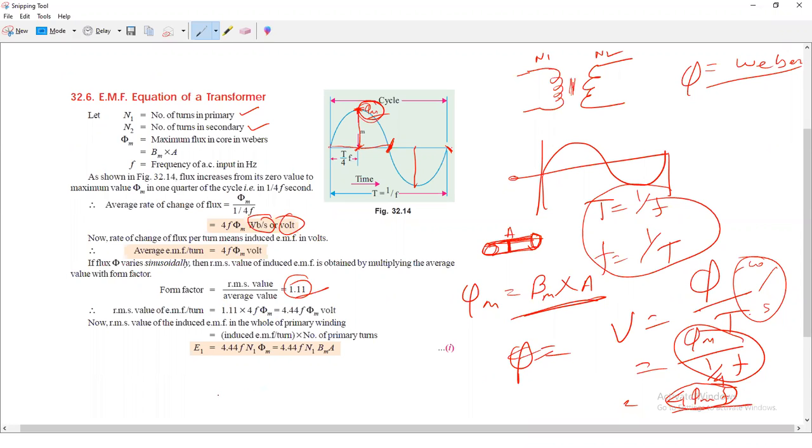So our RMS value is equal to 1.11 into average value. So 1.11 into average value is 4.44 f5. So now 4.445.